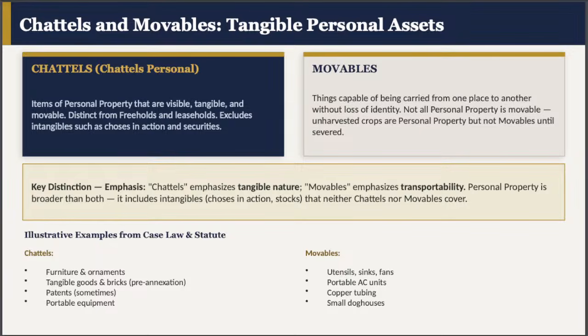So the bigger set is personal property, and within that we have chattels and movables. The difference being that the chattels are the ones that are going to be visible and movable. Movables are things capable, but not all personal property is movable. So interesting here.